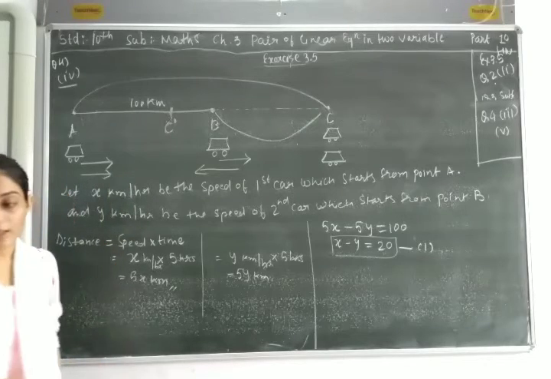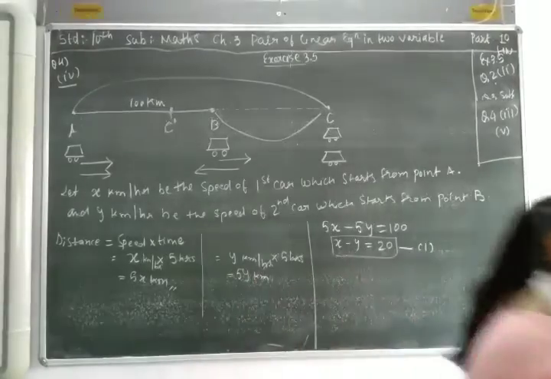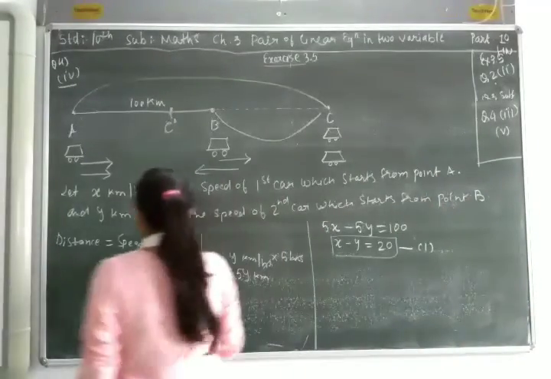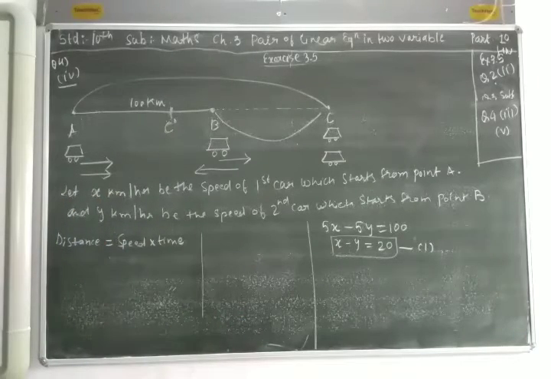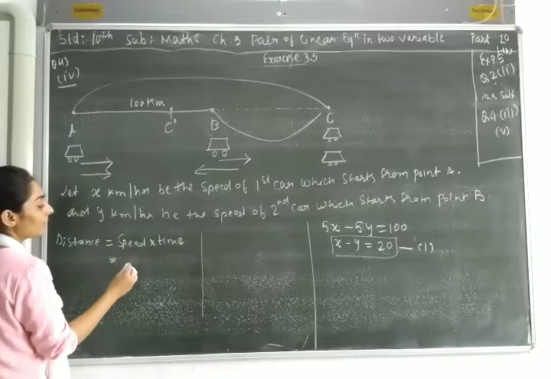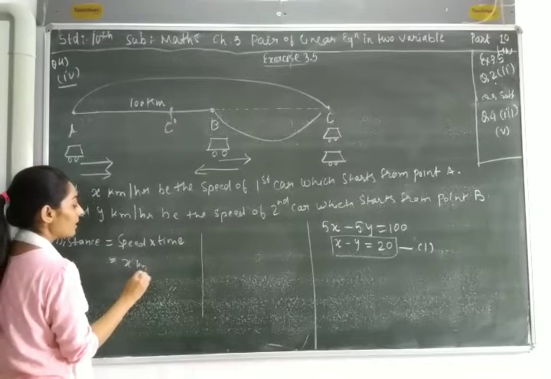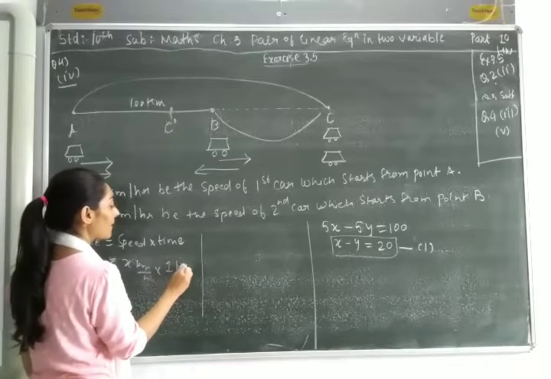So what does the equation become over here? Again, distance is speed into time. Their speed is x kilometers per hour, into the time taken, 1 hour.